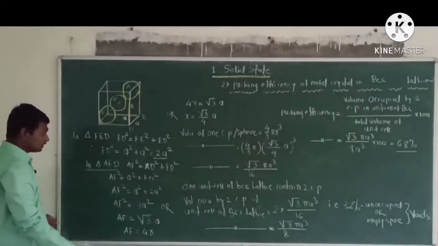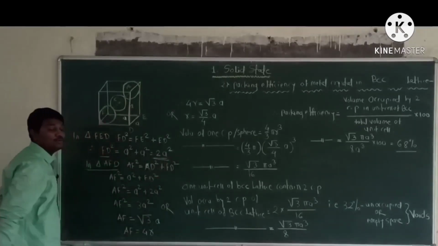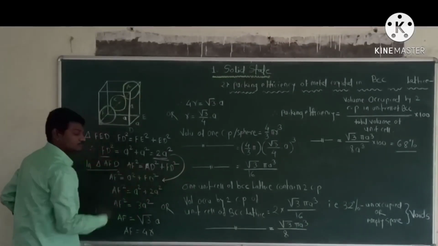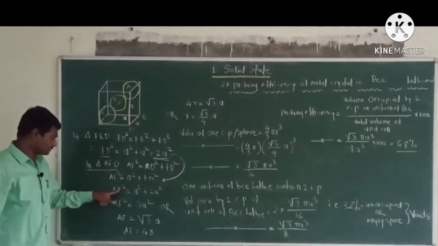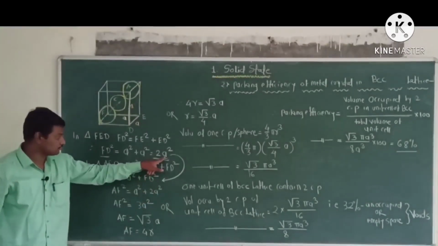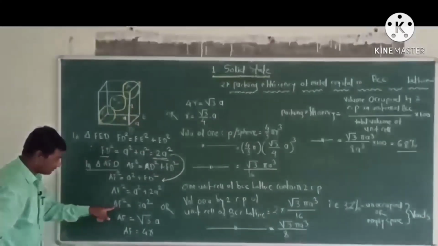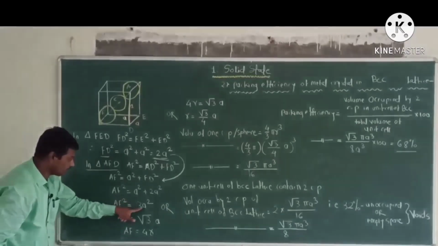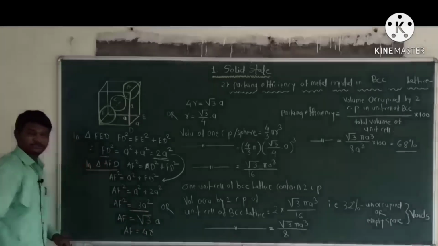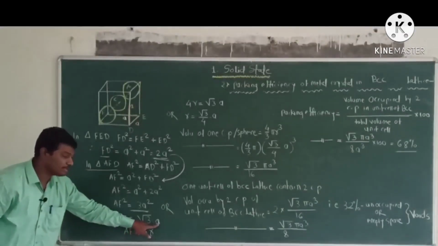Now, the value of FD square is 2A square. Put this value in this equation. We get AF square is equal to A square plus 2A square. Therefore, AF square is equal to 3A square, or AF is equal to root 3 into A.